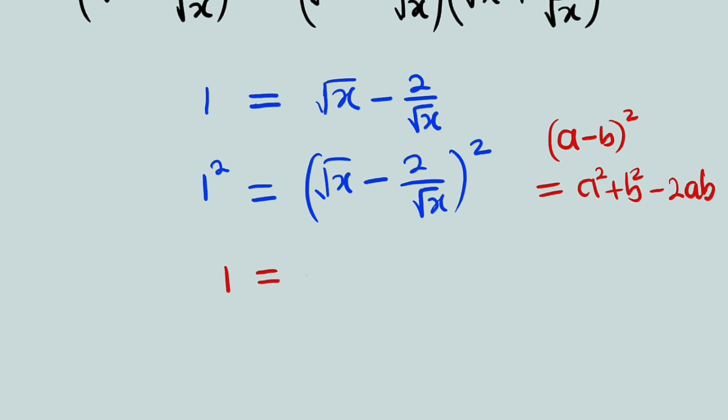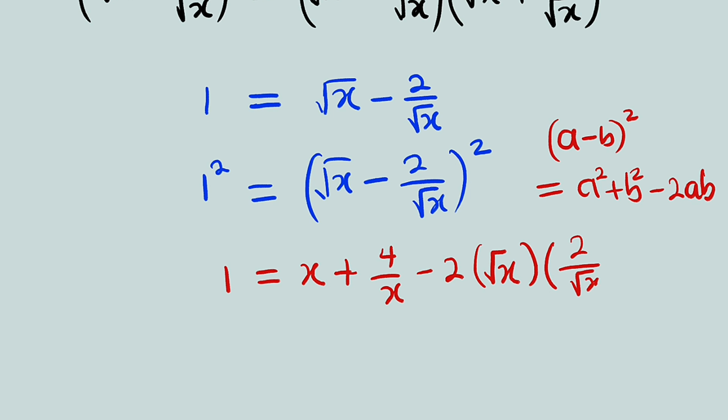Square root of x squared will give us x plus second term, 2 divided by square root of x squared will give us 4 divided by x, then minus 2 multiplied by the first term which is square root of x, multiplied by the second term, which is 2 divided by square root of x. From here, you can see this square root of x will cancel this square root of x. What we have left is negative 2 times 2, which is negative 4.